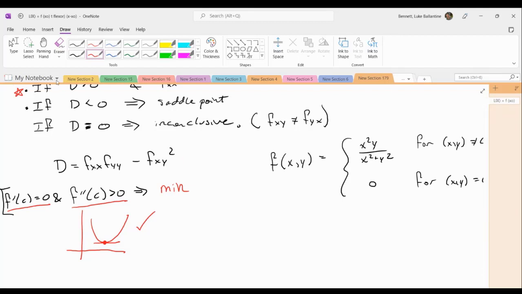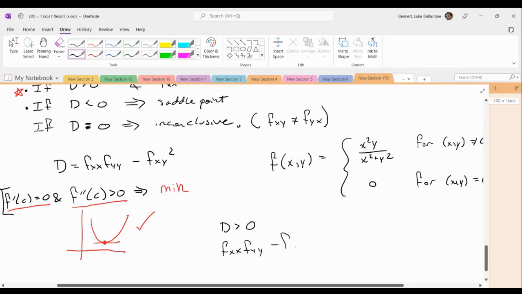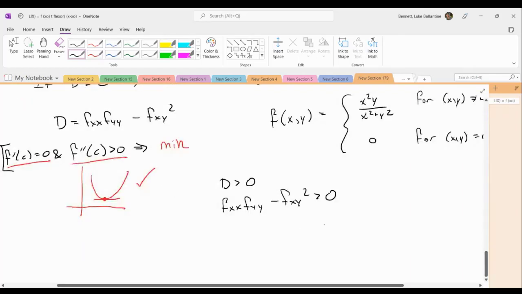But anyways, let's look at if D is greater than 0. If D is greater than 0, then fxx fyy minus fxy squared is greater than 0. That's just what D is.